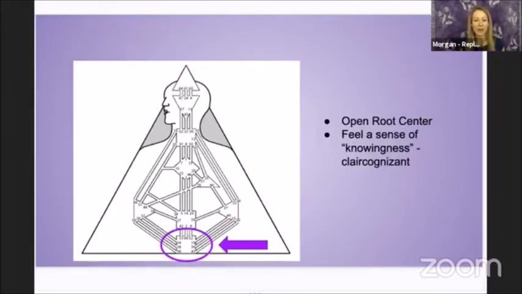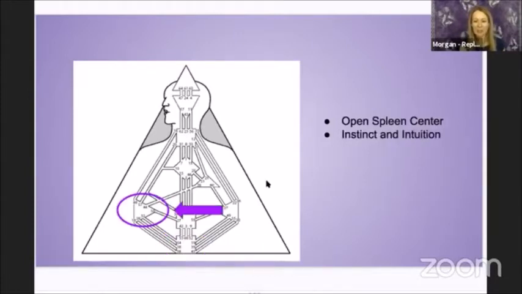You may also have a knowingness with this center undefined. That's considered claircognizant. It's like a knowingness of what other people want you to do, even though they don't specifically say it.